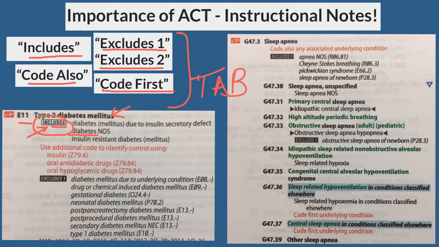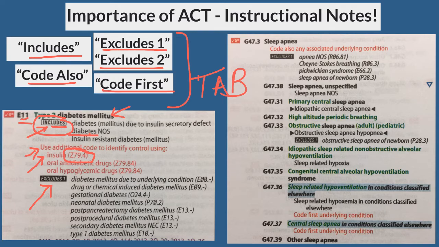There are also some other notes here, such as use additional code to identify control using. So if we had a type 2 diabetic who was on insulin, in addition to coding the E11 for the type 2 diabetes, we would also pull in the Z79.4 code for the insulin use. And then we also have an excludes one note here, meaning not coded here.